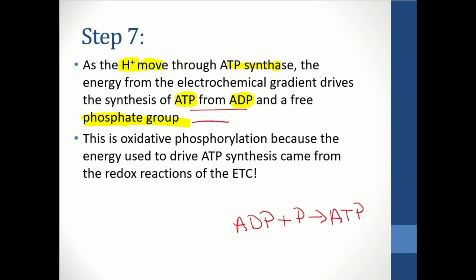So that's what's created through here. This is the process of oxidative phosphorylation, using a series of oxidative reactions to create your phosphate. Okay, so those redox reactions that we talked about in the first unit come into play here.